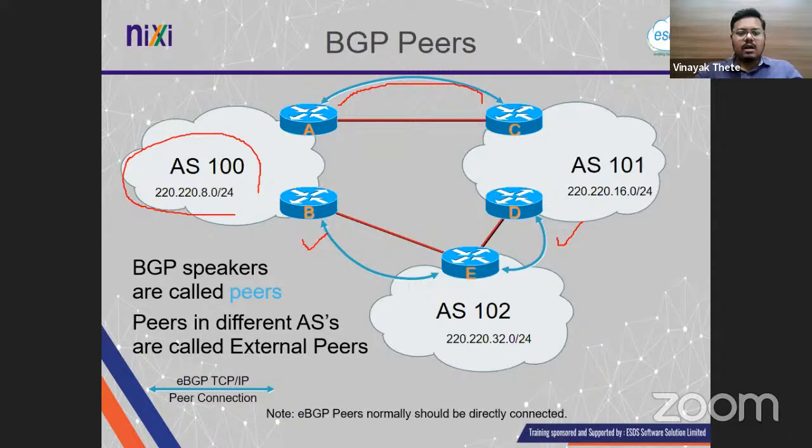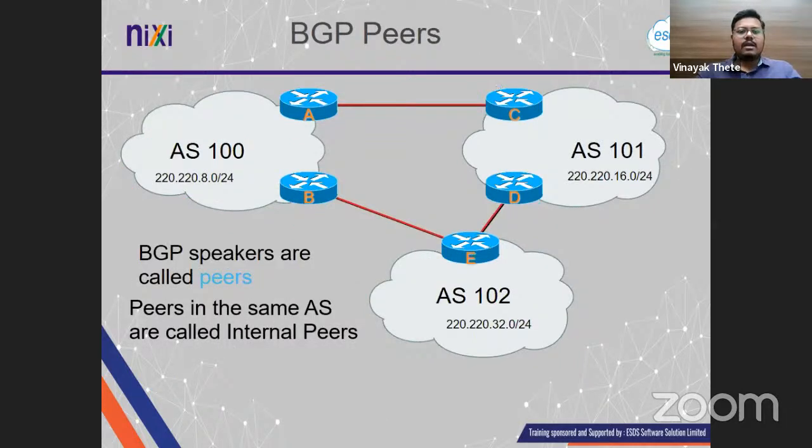Second, eBGP peers normally should be directly connected. It is shown in the diagram as well: the B router and E router are directly connected using the P2P link, over which we can use the eBGP pairing, which is the external pairing.